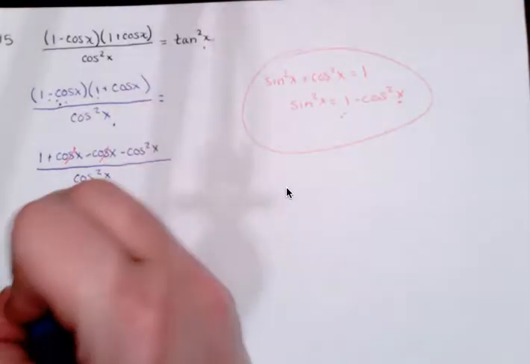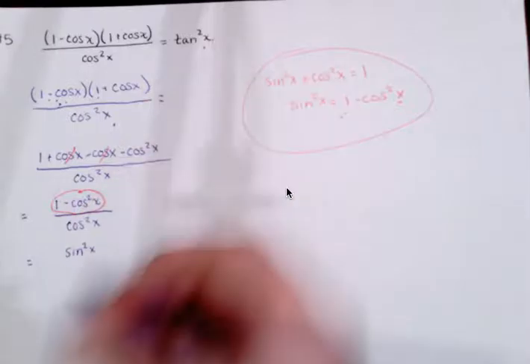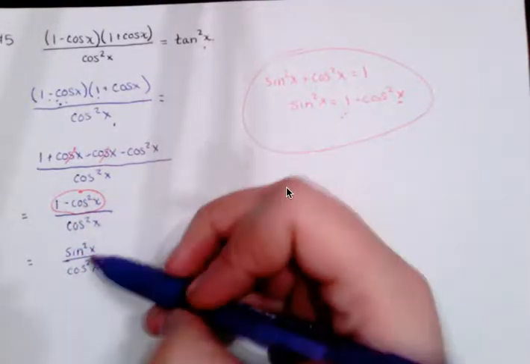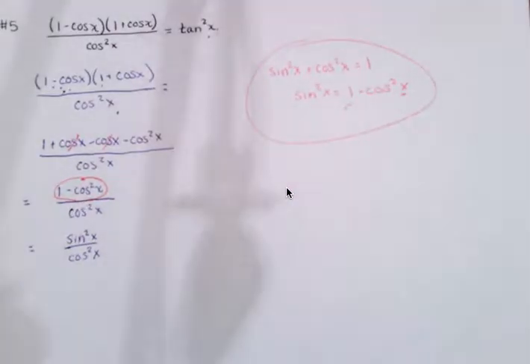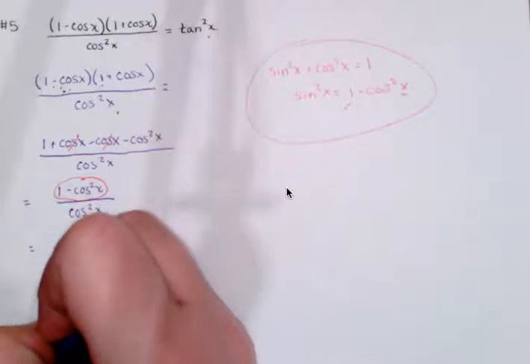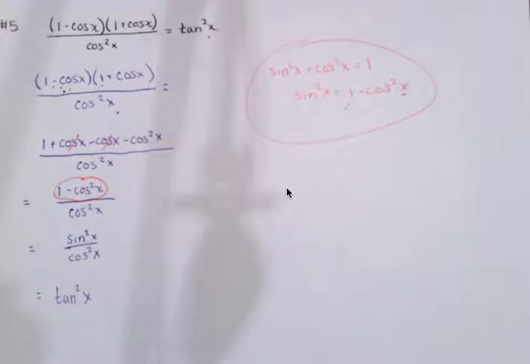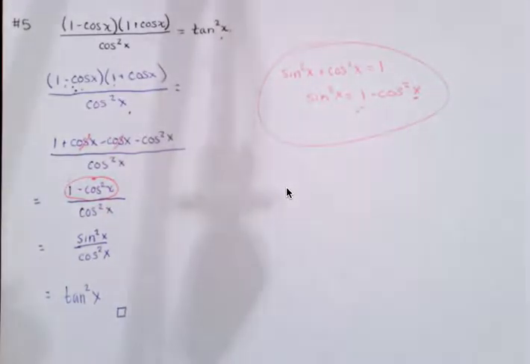So then I can go ahead and write, hey, that's sine squared, because that was my Pythagorean identity, over cosine squared of x. Then sine squared over cosine squared, well, we know sine over cosine is tangent, so this will end up being tangent squared of x. And we got where we wanted to be. So we put a little box to say we're done with the proof and move on to the next problem.